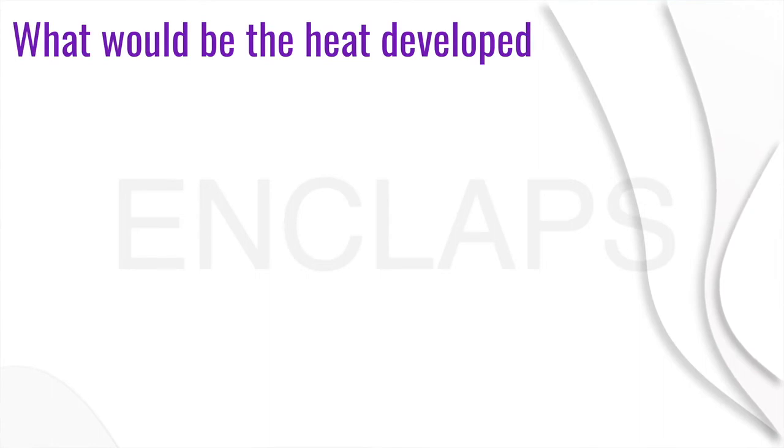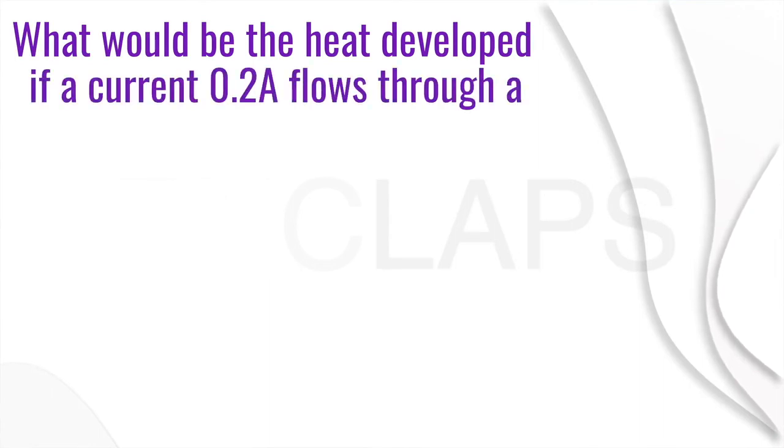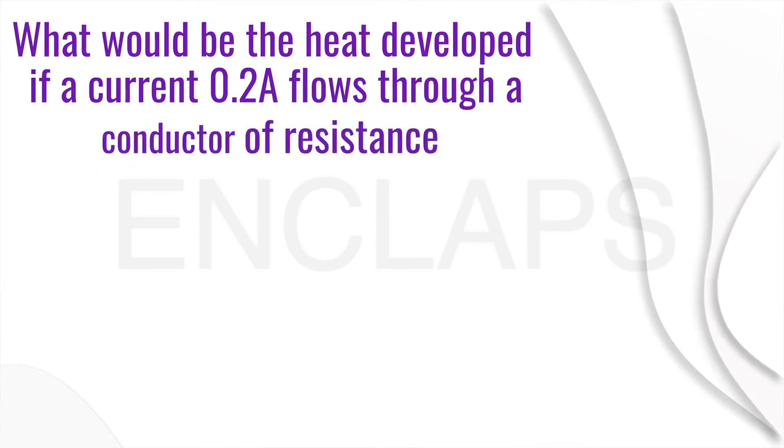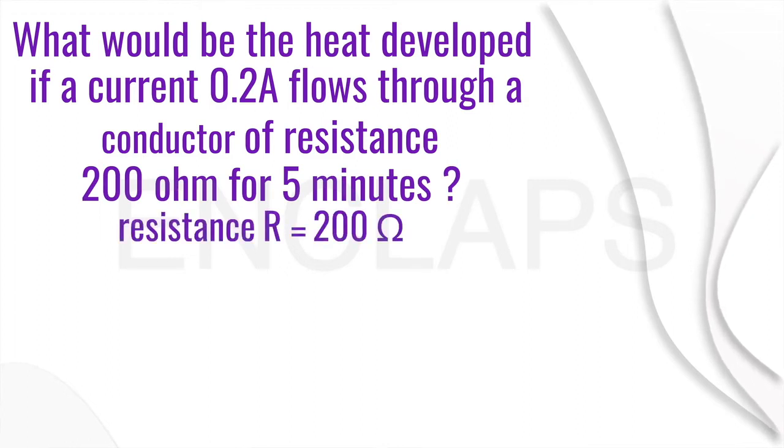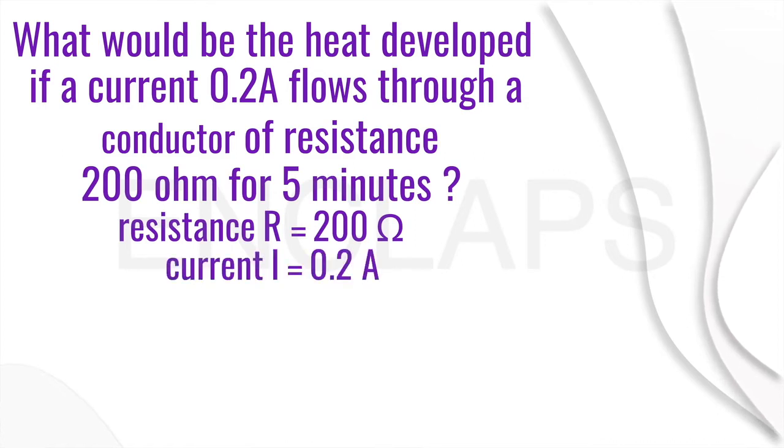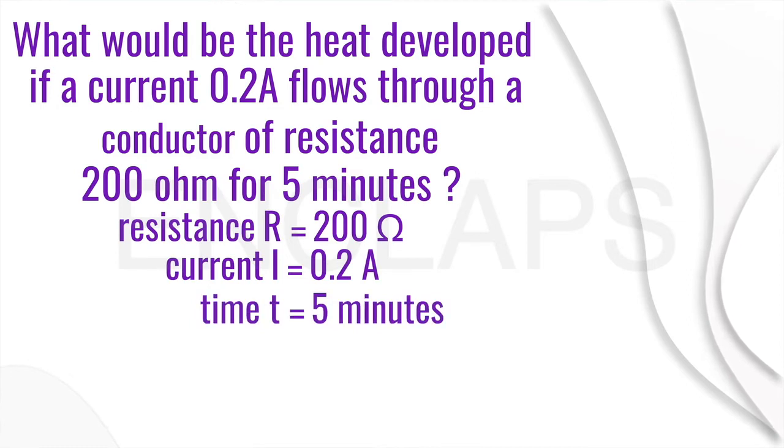What would be the heat developed if a current of 0.2 ampere flows through a conductor of resistance 200 ohm for 5 minutes? The given data are resistance R is equal to 200 ohm, current I is equal to 0.2 ampere and time is equal to 5 minutes.